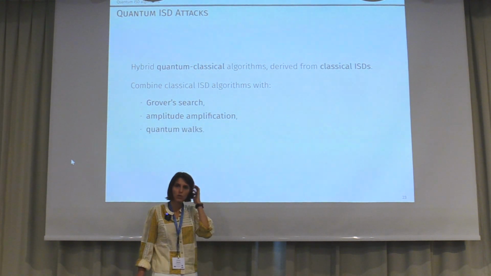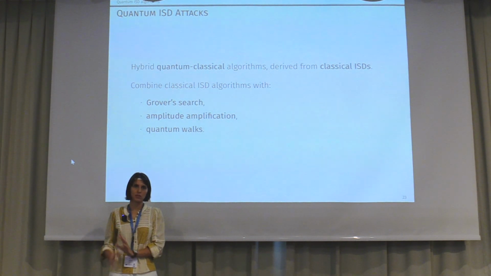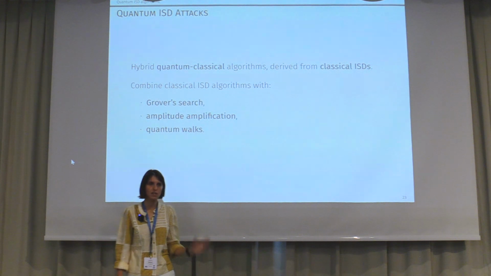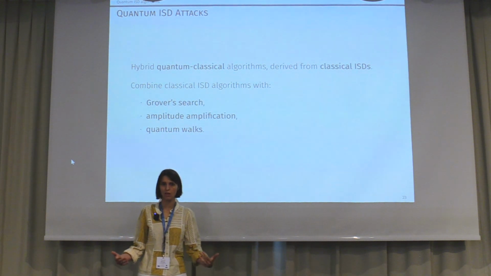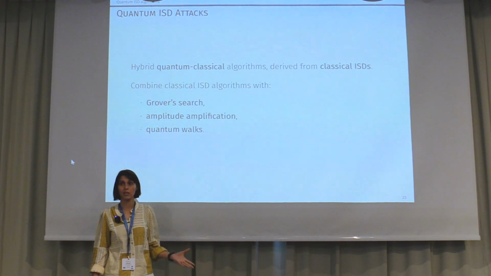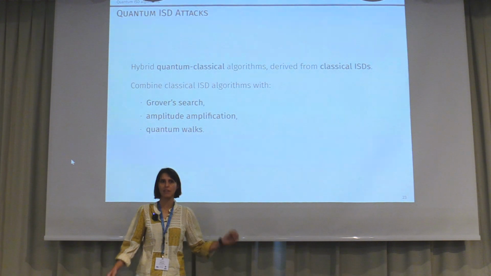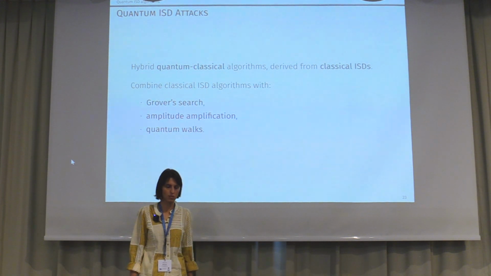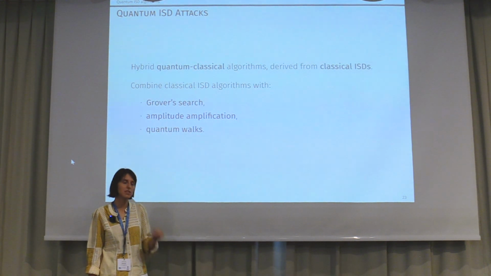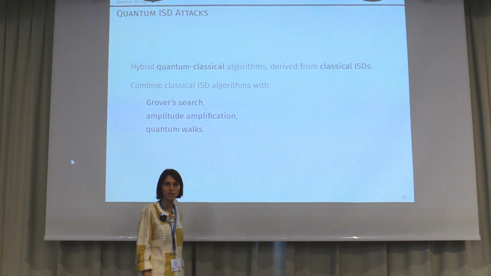And then finally we go to the quantum walks, which can be seen as a further step in the generalization of these quantum algorithms, and at best you can hope for a quadratic speedup. So none of these algorithms are claiming they are breaking things or providing exponential speedups. All of these are in the regime of quadratic improvements.